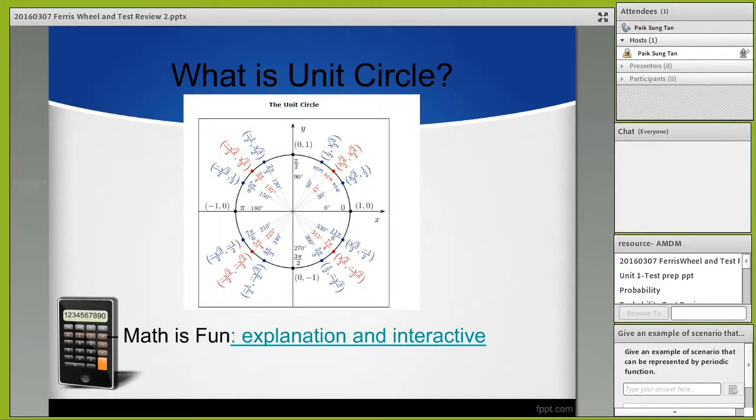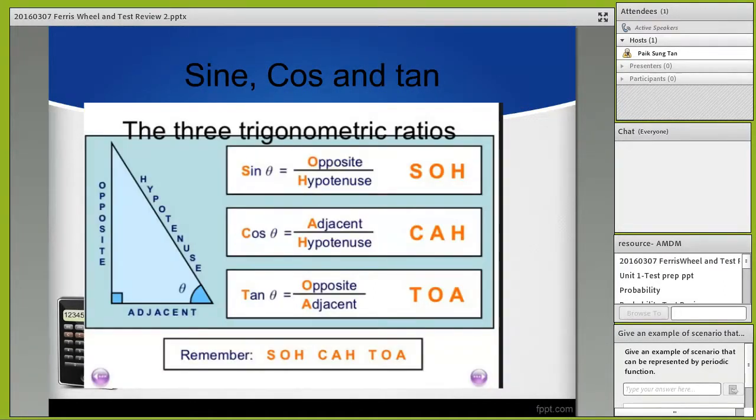So now we will move on to the next part. The 3 basic trigonometry ratios, which are sine, cosine, and tangent. Sine of theta, which is the angle, is a ratio. Sine of theta is the ratio of the opposite side of the right triangle to the hypotenuse.